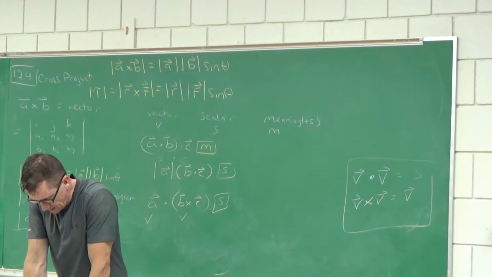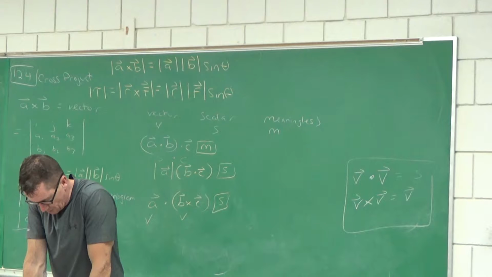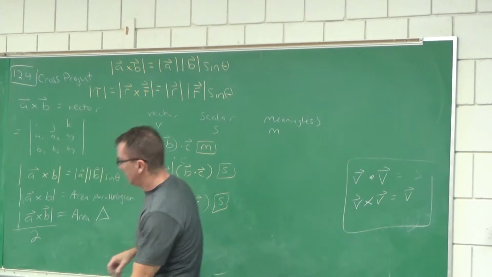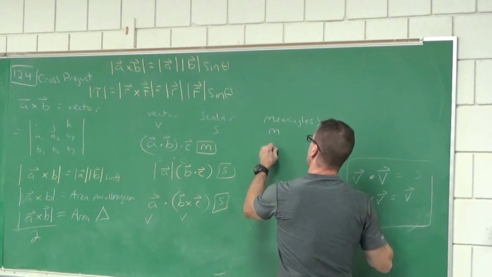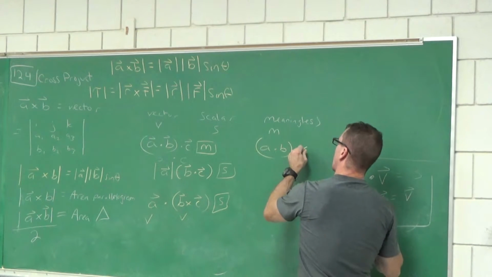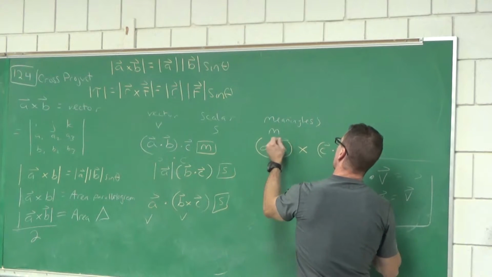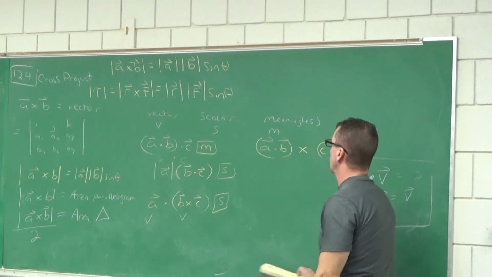We don't have to do every one of these, but let me just pick the ones that I don't want to trip you up. A dot B cross C dot D. What do y'all think? Vector, scalar, just totally meaningless.